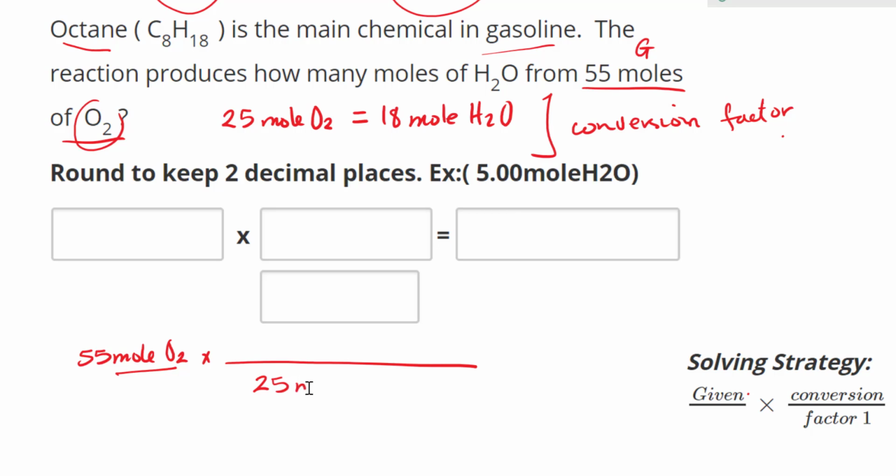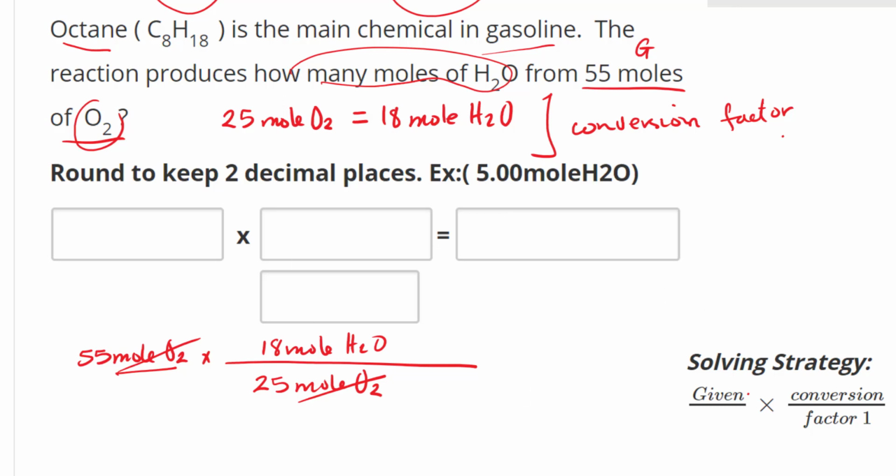So we have 25 moles of oxygen. And on top, the remainder part, which is 18 moles of H2O. Notice how moles of oxygen cancel out. We just multiply by one conversion factor and we get exactly what we're looking for, because it's just mole to mole.